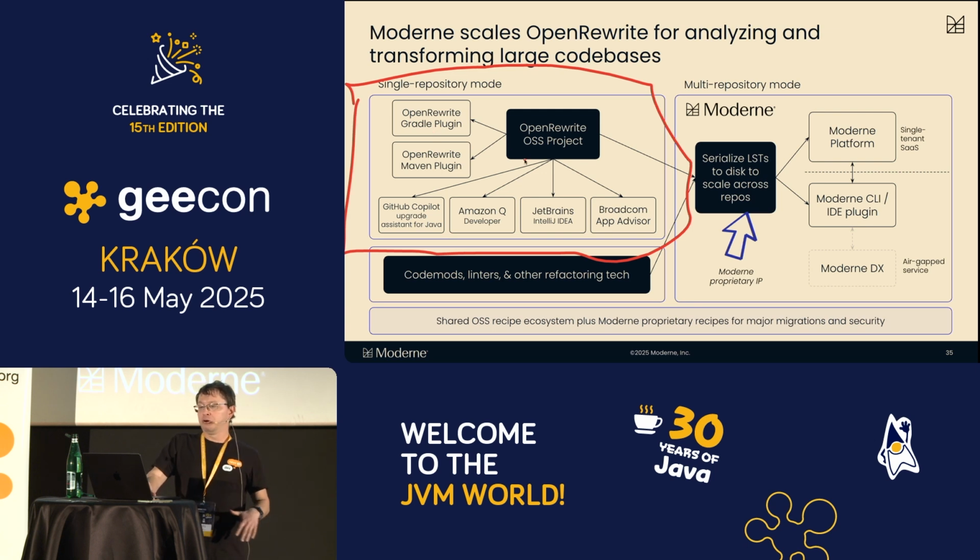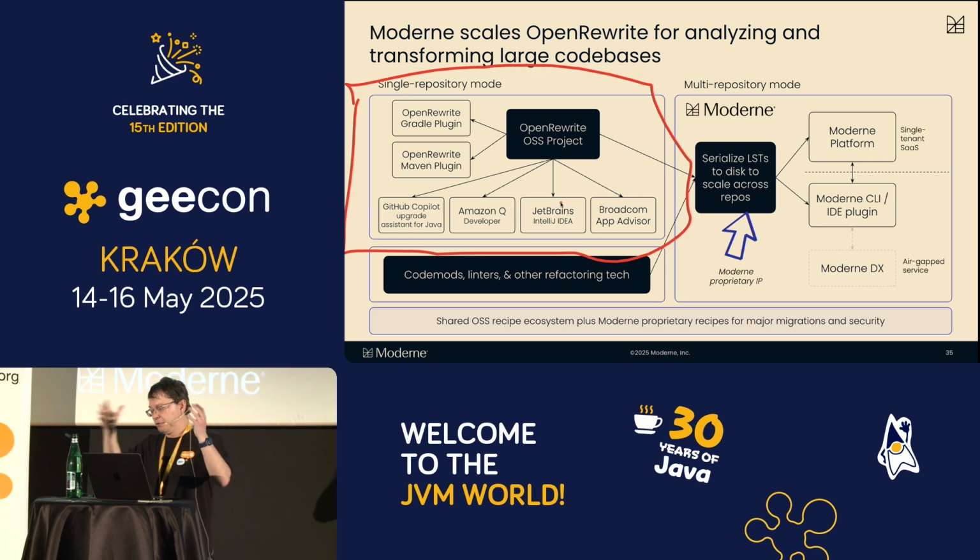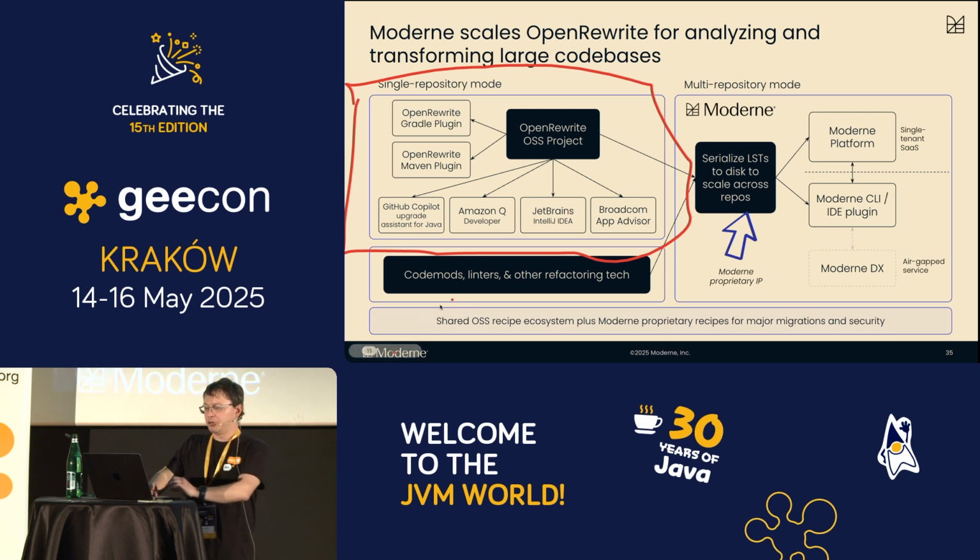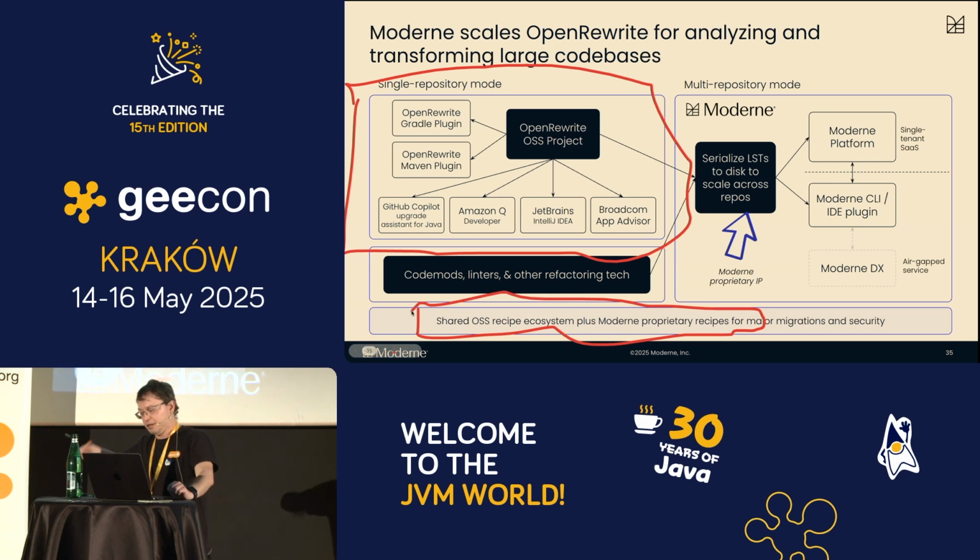It's also used in Amazon Q, and Spring uses it at Broadcom in the Spring Migration Advisor. We also have a JetBrains plugin that could help you with code migration. Also, we have a bunch of open source recipes for the majority of frameworks and so on.